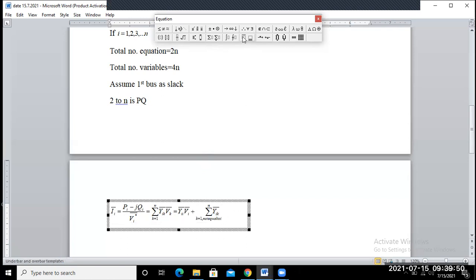Now you can find the value of VI from this equation.